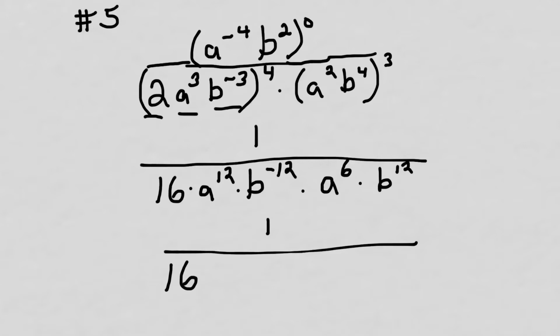Now let's deal with our a's. a to the 12th times a to the 6th is going to give us a to the 18th. b to the negative 12th times b to the 12th, you add the exponents, you get b to the 0, which is 1. So we can clean this up a little bit. Our final answer is 1 over 16 a to the 18th.